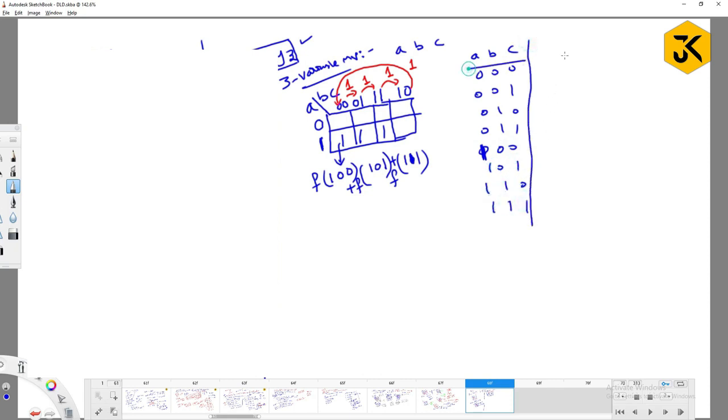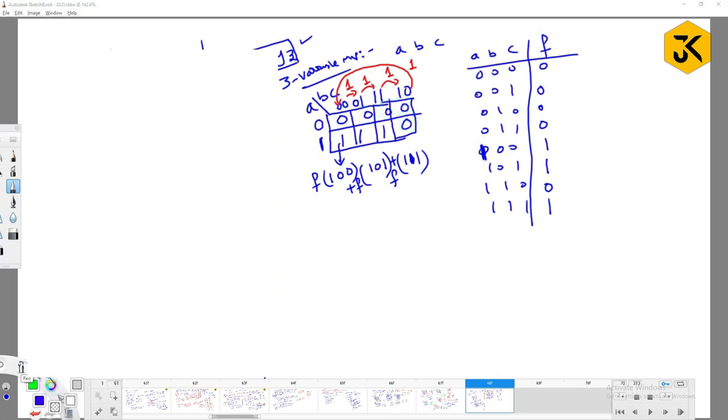The resulting function: for 1, 0, 0, 1 is the output. For 1, 0, 1, 1 is the output. For triple 1, 1 is the output. For all other cases, the output is 0. Right? This expression is a sum of products expression. If it should be a product of sums expression, you have to take the zeros, and in all places you have to make them zeros.